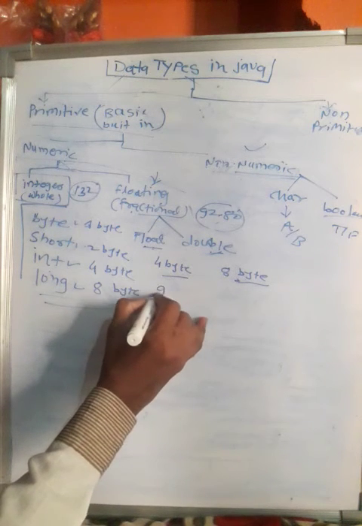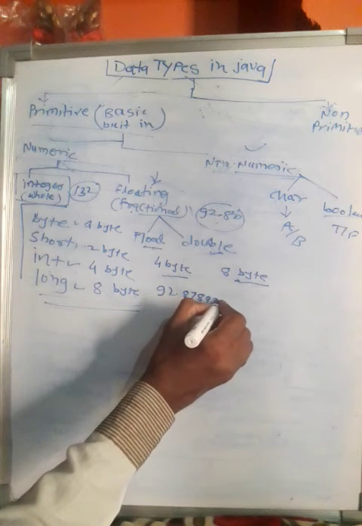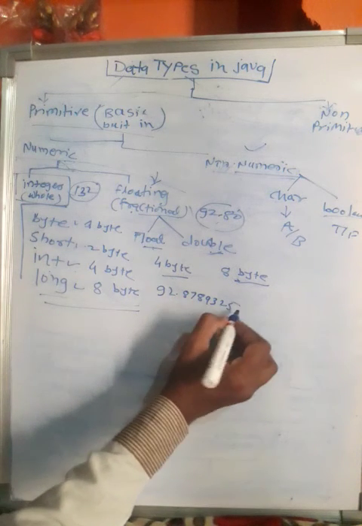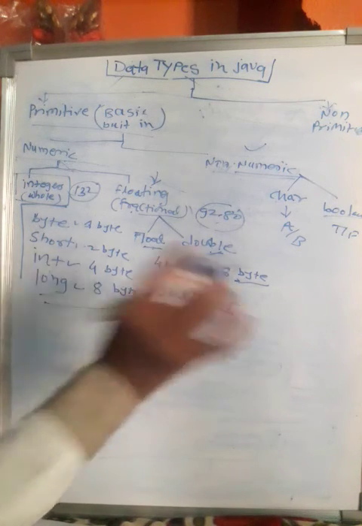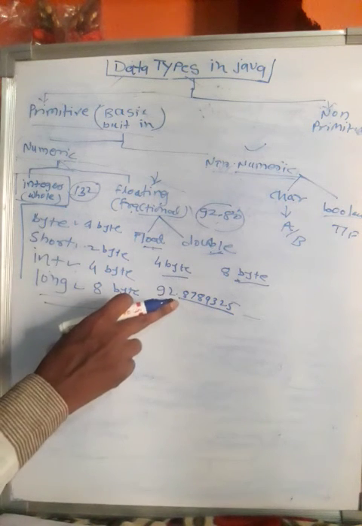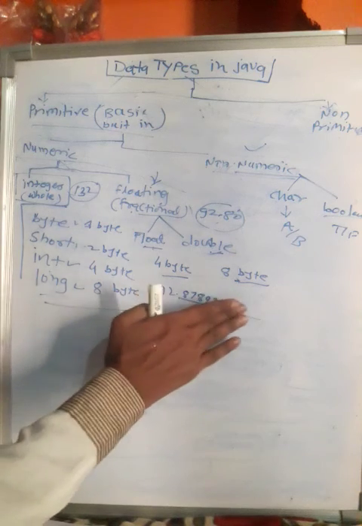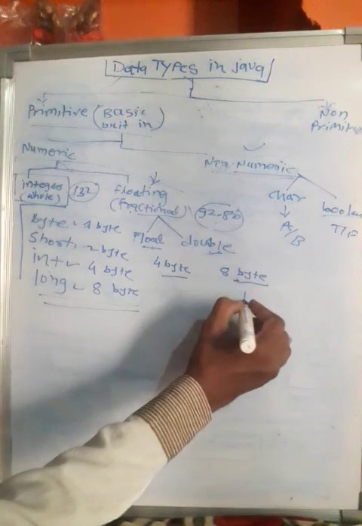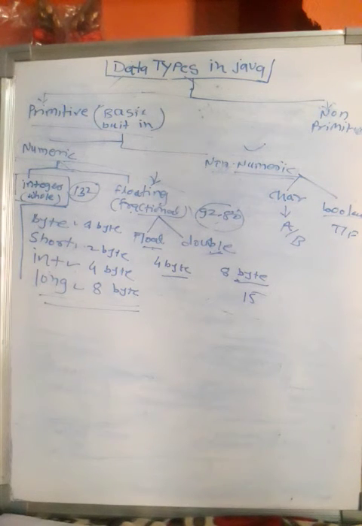For example, 92.8789325: only 7 digits are accurate. After that they disappear, because floating point numbers specify only 7 digits. But in the double data type it can be up to 15 digits. This is the main difference between float and double.